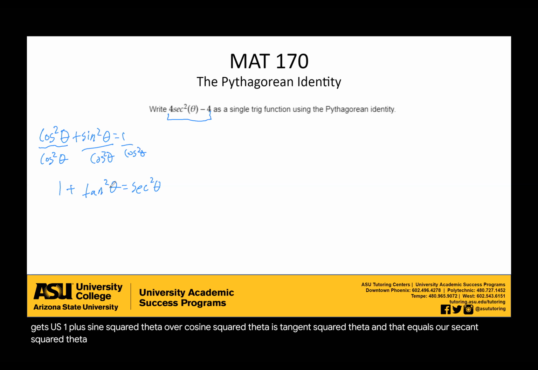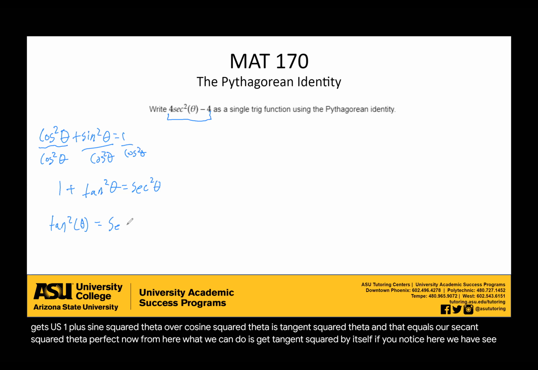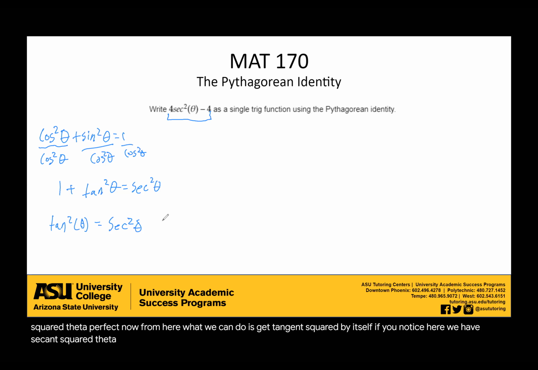Perfect. Now, from here, what we can do is get tangent squared by itself. Because if you notice here, we have secant squared theta minus 1.